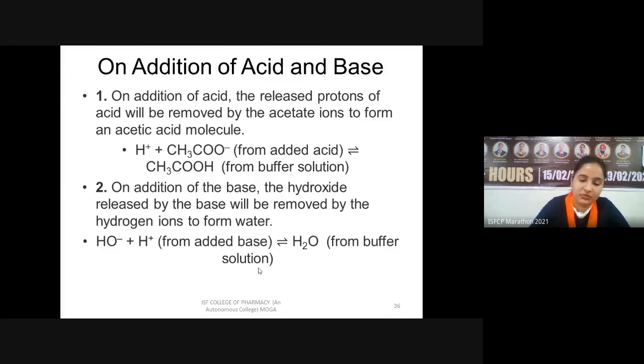So the OH negative ions are no more left in the solution. They have been completely neutralized by the proton ions from the buffer, and hence the pH will again remain the same.